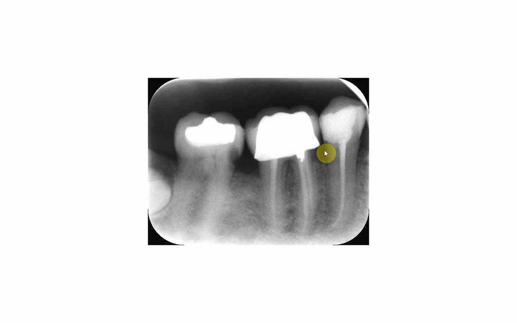You may not see it for different reasons. Either the amalgam filling superimposes the lining material, or it is very thin so that it doesn't cast a radio opaque shadow, or sometimes it simply dissolves in the filling.